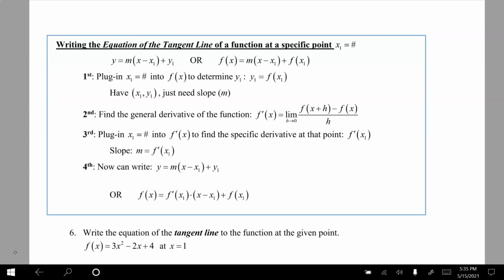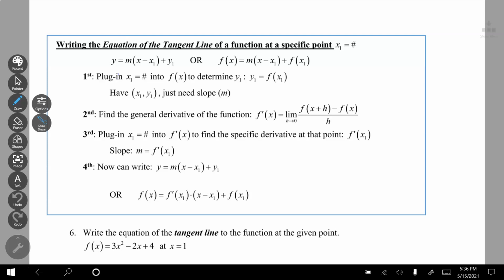Well, if I want to write a linear equation, I usually write it this way. I could modify it where I have a slope and I need a y value, and sometimes I'm not given a y value, so I plug it in. So what do I need to write a tangent line equation? I need an x value, which is going to be given to you.